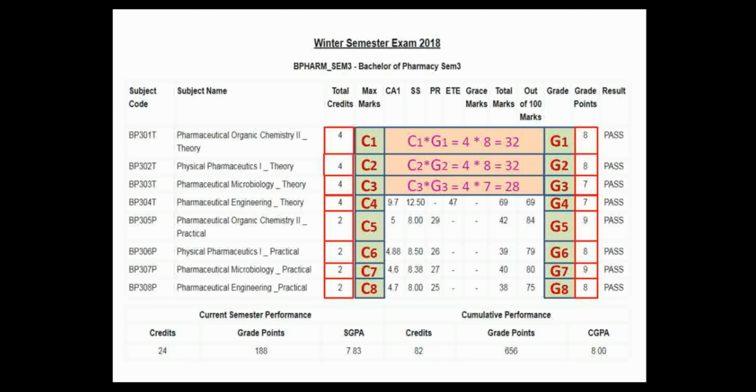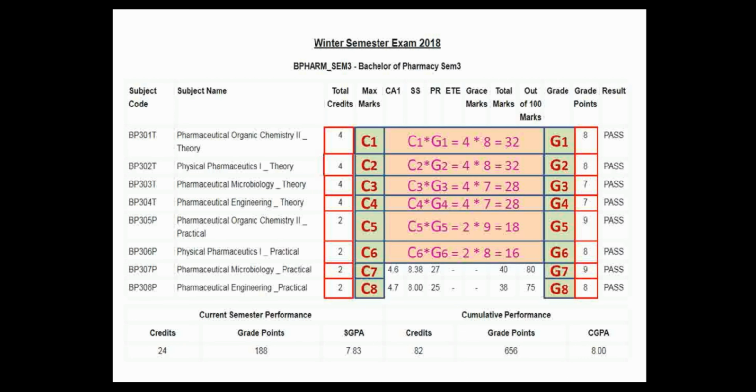For subject number 3, C3 is 4 and G3 is 7, and after multiplication you receive 28. For subject number 4, C4 is multiplied with G4, that is 4 multiplied with 7, so you get 28. For subject 5, C5 is multiplied with G5, so 2 multiplied with 9 and the answer is 18.